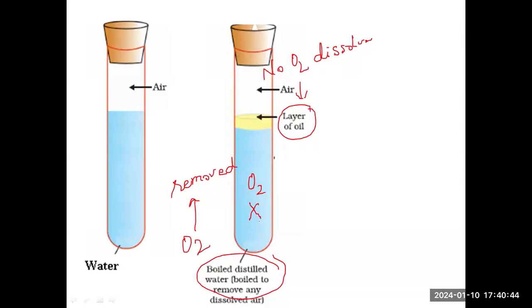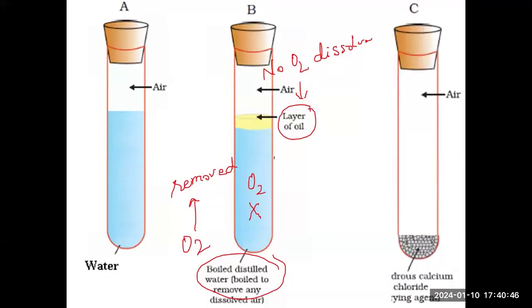And the third test tube you are taking is an empty test tube, obviously having air in it, with some calcium chloride. This will not have any moisture because the calcium chloride has absorbed all the moisture.